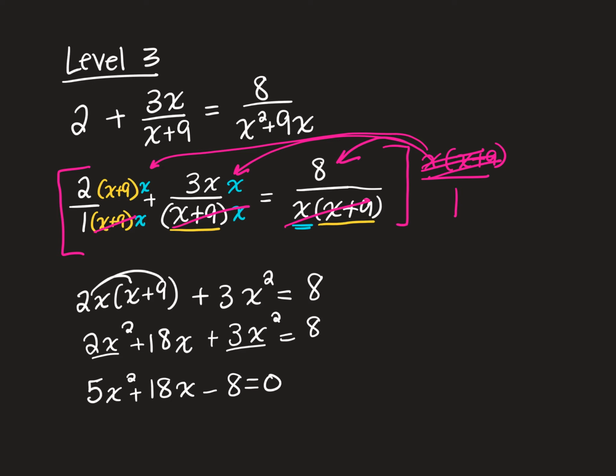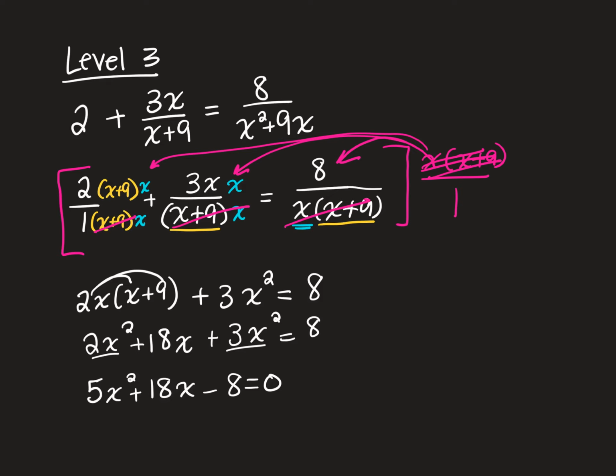I believe it'll factor. I didn't look at the answer to this. I believe that'll factor, and then you'll have your 2 solutions. The one thing that you want to watch, and I don't think this will happen here, is you don't want to get a solution that's going to make your original expression have a 0 in the denominator.